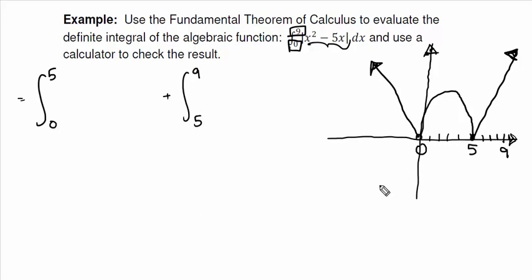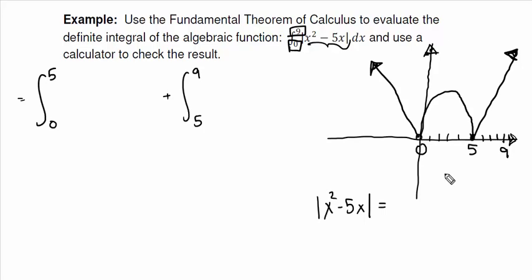Now, from 5 to 9, we see it's the straight line part, and then from 0 to 5, it's a curved part.